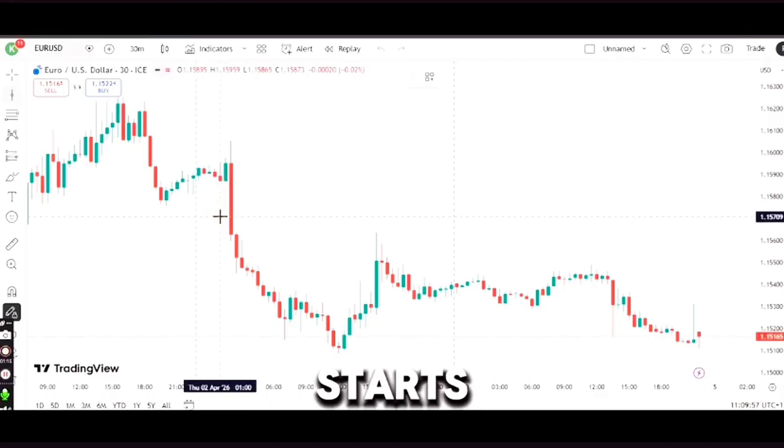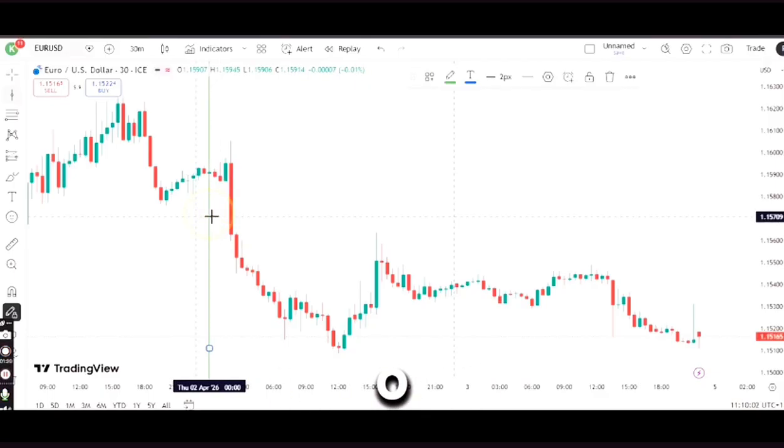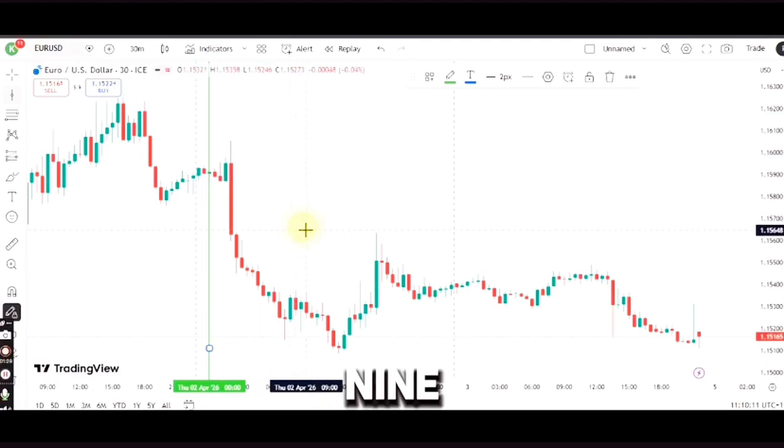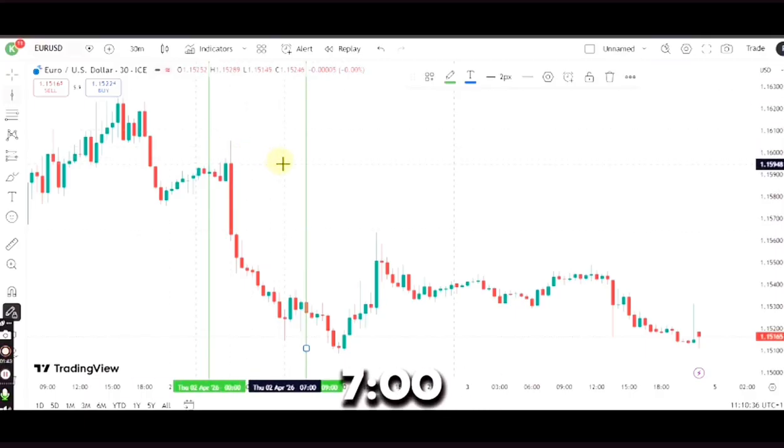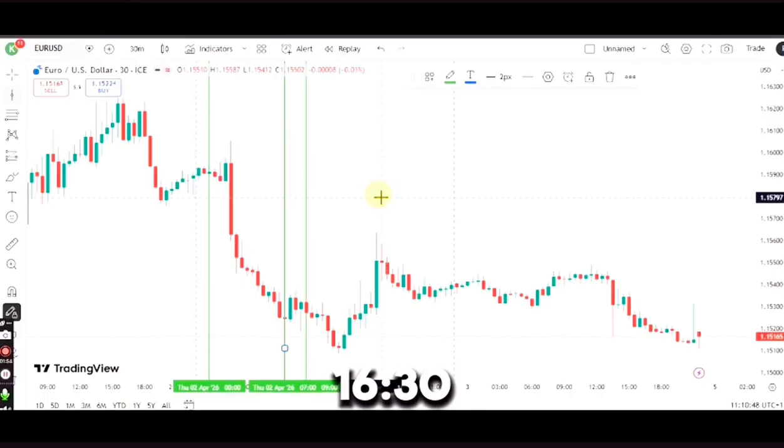The Asia session starts at 0000 UTC, okay, and the market closes at 9 o'clock UTC. Then the London session starts at 7 o'clock UTC and closes at 16 o'clock UTC.